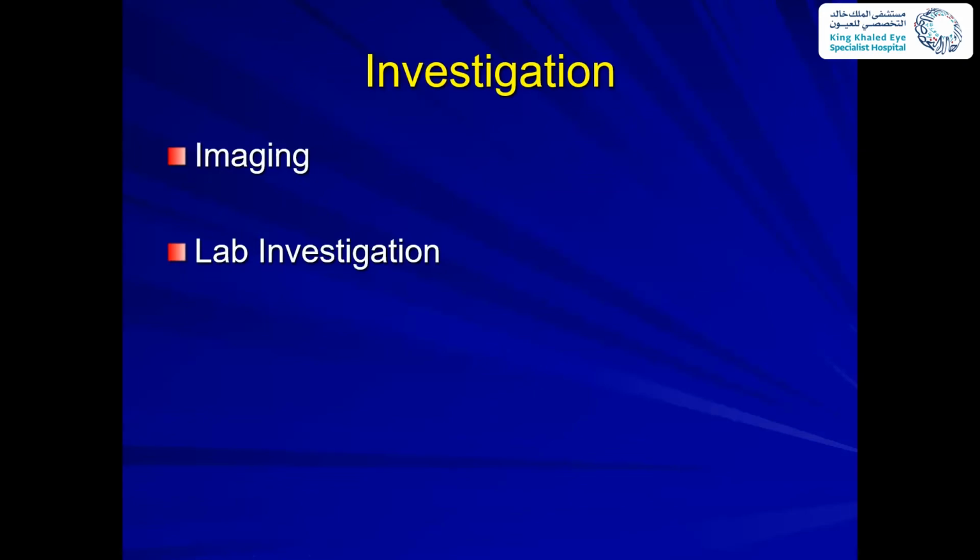However, if the patient has recurrent facial palsy, or it is not typical for Bell's palsy, or there is bilateral involvement of facial nerve palsy, imaging is really mandatory in these cases. Lab investigation depends on the clinical findings. If you expect a patient to have, for example, sarcoidosis or infectious causes for the facial nerve palsy, we need to ask for lab tests based on the clinical findings.